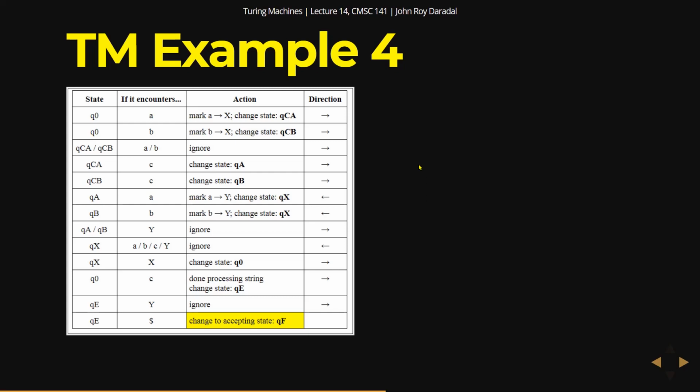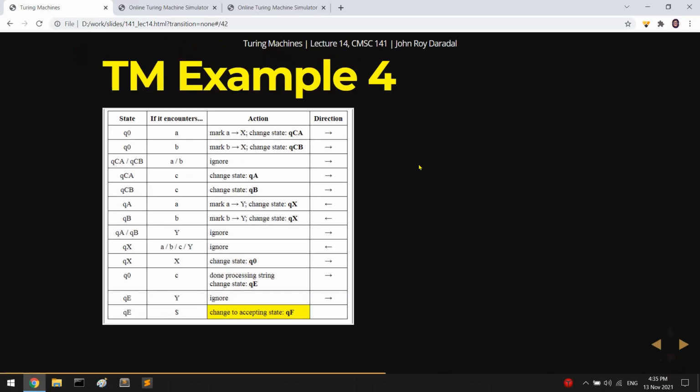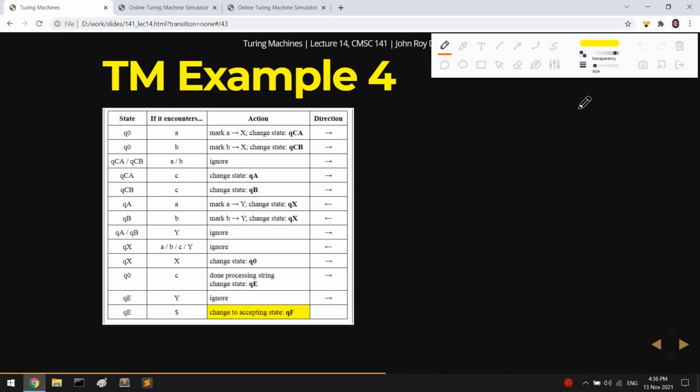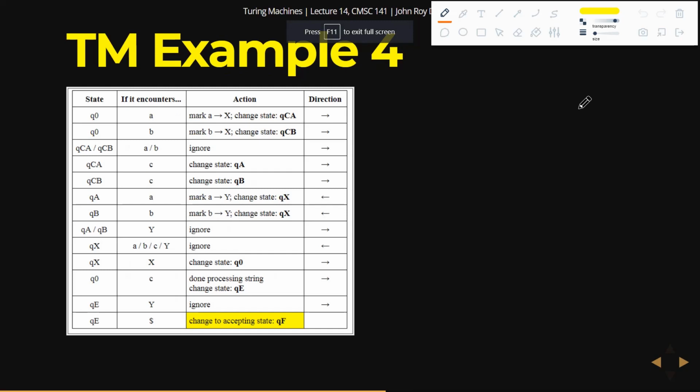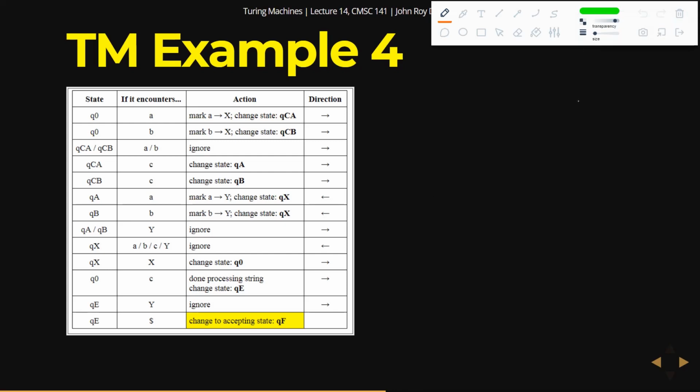So let's try to process this. Okay, let's try A B C A B. Let's try this with green. Okay, what if it's A B C A B?